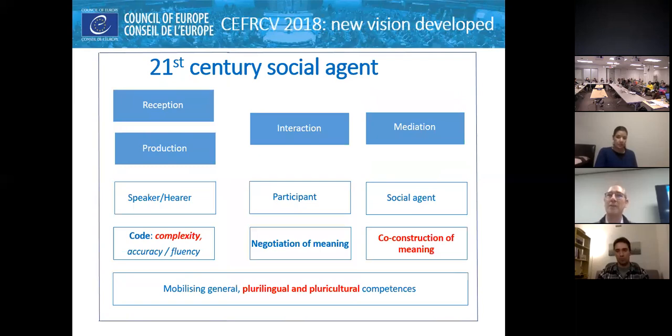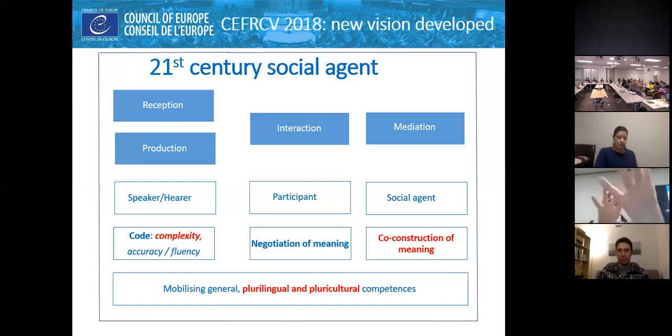And then you get to the completion of the scheme with the companion volume, where we have fleshed out this concept of mediation, the learner being involved in mediating activities as a social agent, and in being involved in the co-construction of new meaning. I'm using the word there to mean co-construction of new concepts, helping other people to understand a concept.